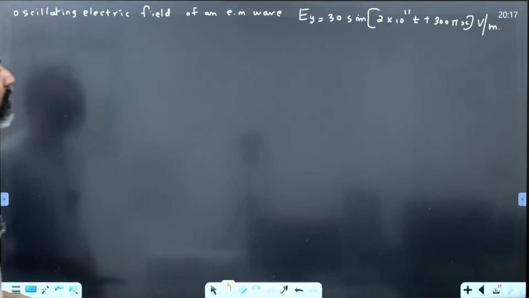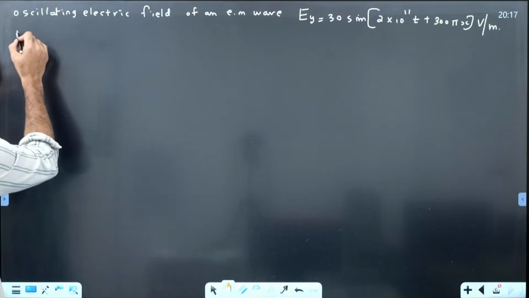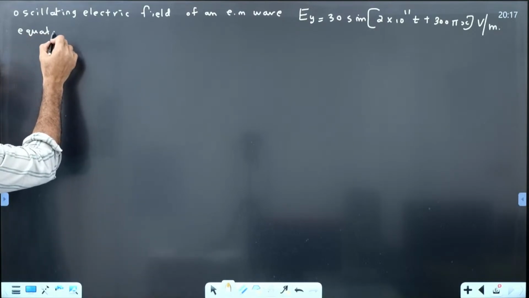This is the equation for oscillating electric field. Now we have to find out the equation for magnetic field.